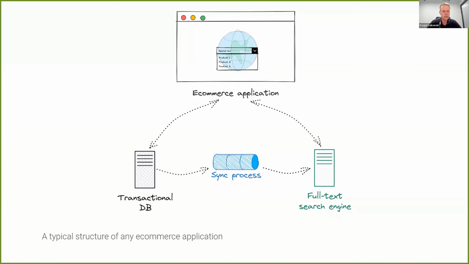There will be a transactional database, something like SQL or NoSQL database, think of Postgres. And there will be also a full text search engine, probably Elasticsearch, OpenSearch, or Meilisearch-based tool, but it doesn't matter that much. This architecture will be solving the problem of providing some search capabilities to your customers.